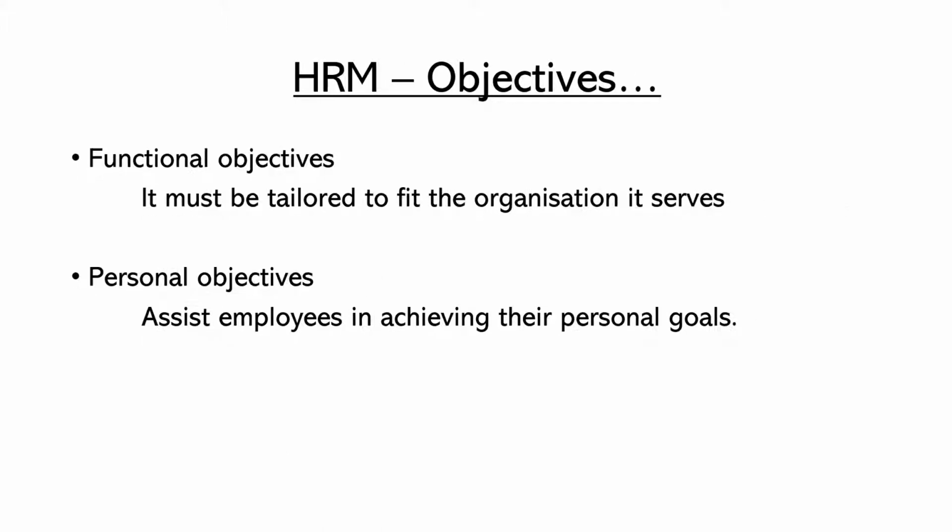Next one, functional objectives. Now, functional objectives simply means that, like I've written, it must be tailored to fit the organization itself. Like I'll give a very small example. There is a post of software engineer in an IT company, and you have two candidates.